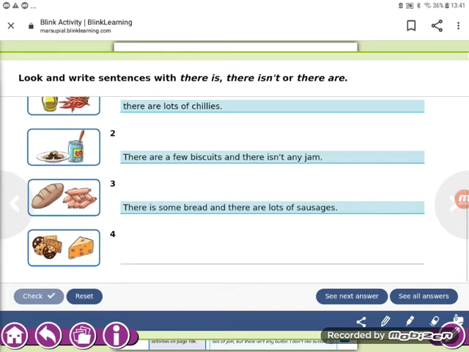And there is some cheese, or a little cheese. There are lots of biscuits and there is some cheese, okay? You can say lots of or some, okay? Because there are lots, but there are 5. So if there are 5, you can say some also, okay?